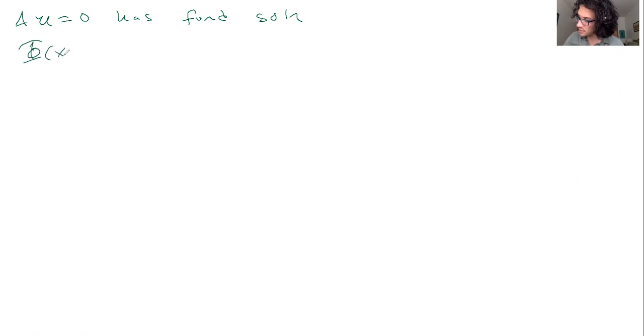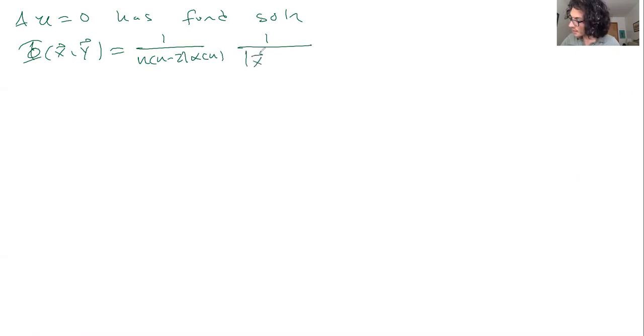So the fundamental solution is given by Φ(x,y) = 1/((n−2)α(n)) times 1/|x−y|^(n−2), so long as n is greater than or equal to 3.